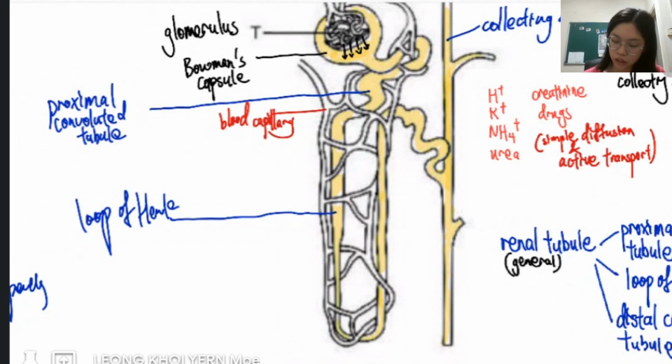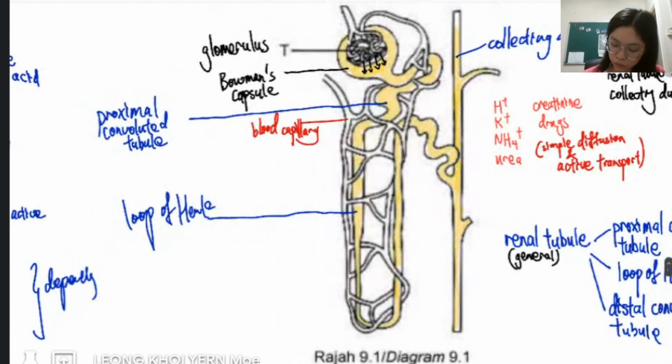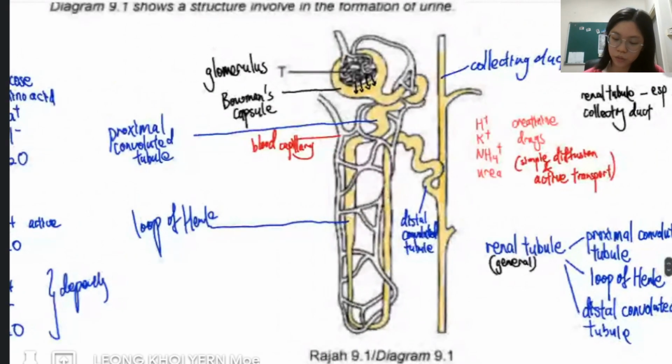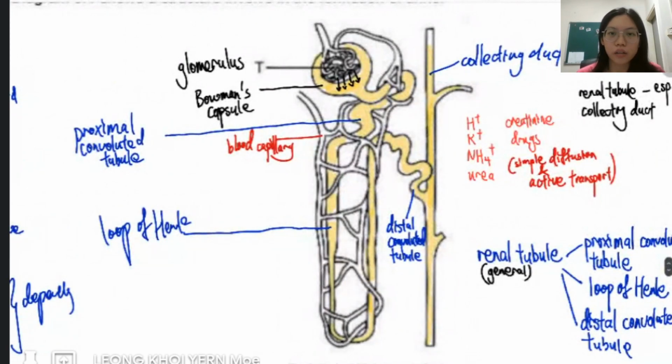This is the last part already. Distal convoluted tubule. Alright, so first of all, imagine you are the blood plasma and you are entering.